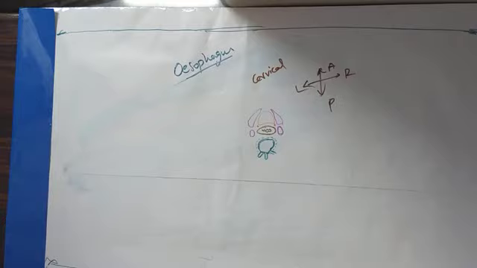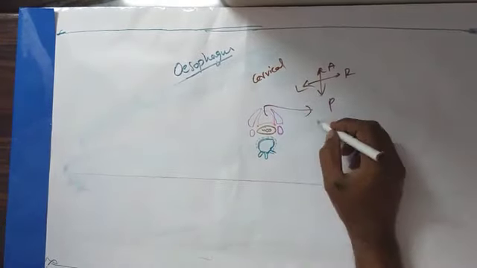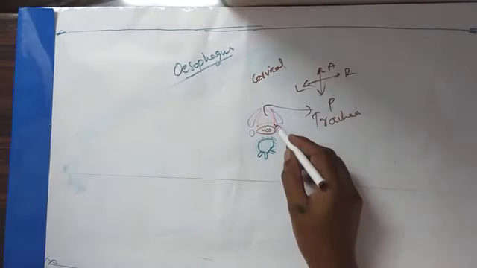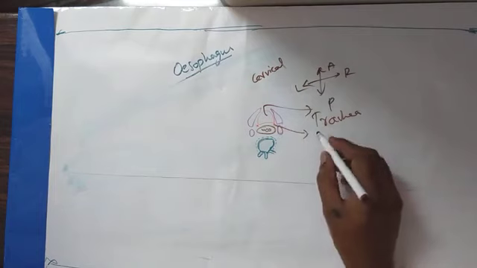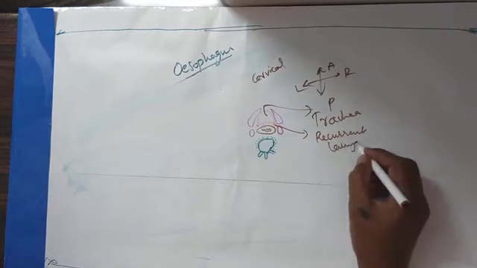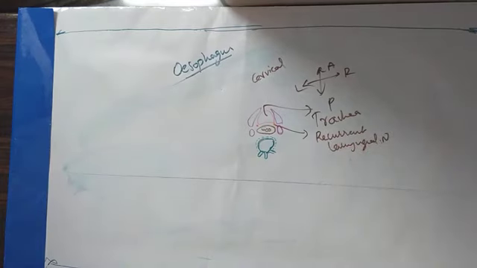So anterior relations, what are they? What is this? This is trachea. In between the trachea and the esophagus, what we have? This is your recurrent laryngeal nerves. So right and left recurrent laryngeal nerves, and the trachea, they are present in the anterior part.